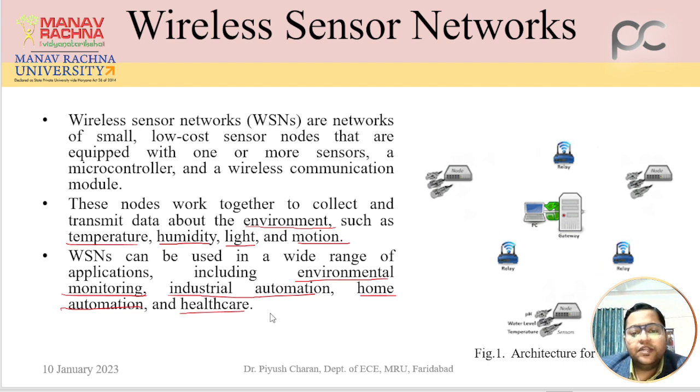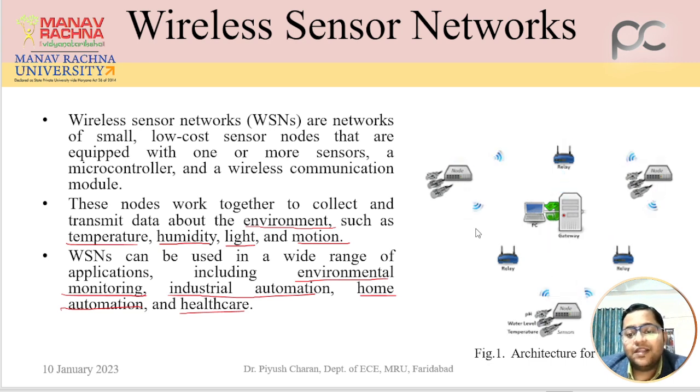So all these new technologies are coming because of the existence of wireless sensor networks, and the backbone to this is the technologies that have existed in the past and have evolved so much in the past.